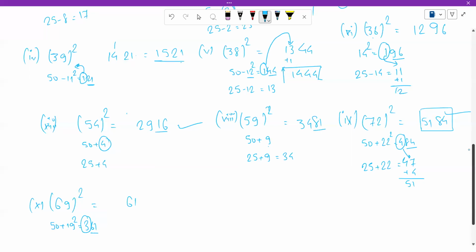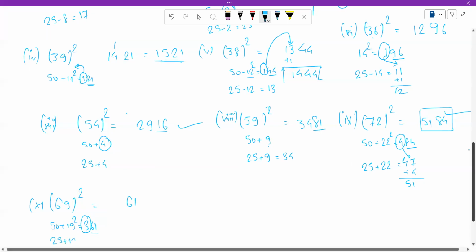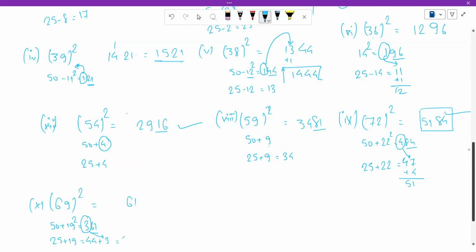I'll add 25 plus 19, which is 44, plus this 3, equals 47. So your answer will be 4761. Similarly, you can calculate the squares of any numbers.